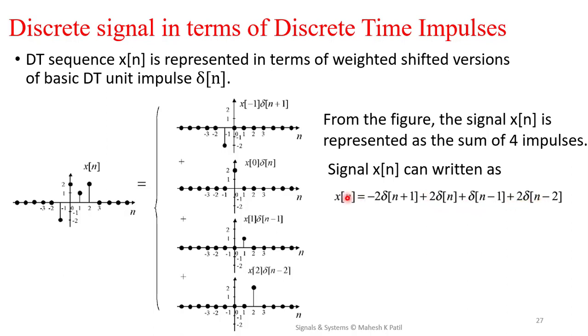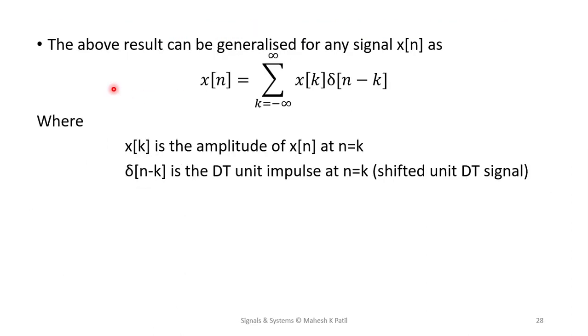So the signal can be written likewise, meaning this DT sequence x of n is represented in the shifted versions of the basic DT unit impulse delta n.